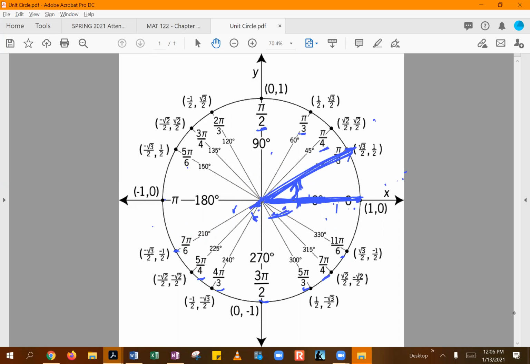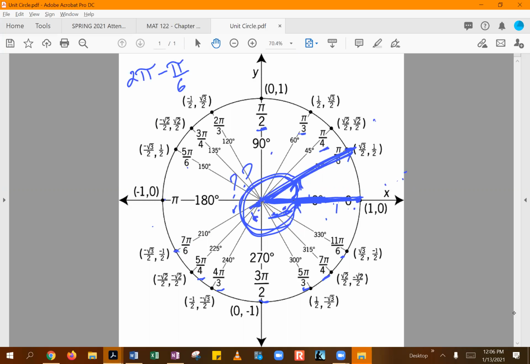To find its coterminal angle, you can just look at this one over here. To calculate that, you would take your entire circle, which is 2 pi, and subtract pi over 6 from it. You would get the measurement of this angle over here, which will also come out to be a positive answer.